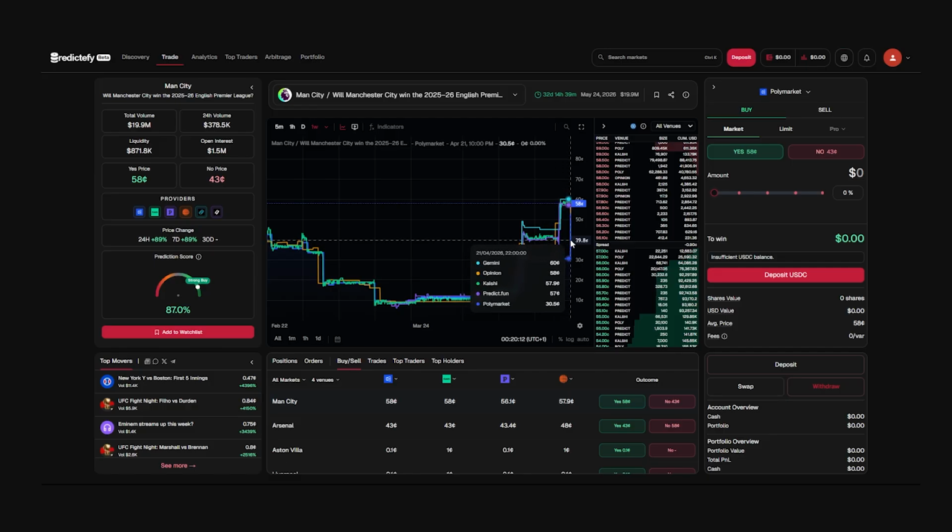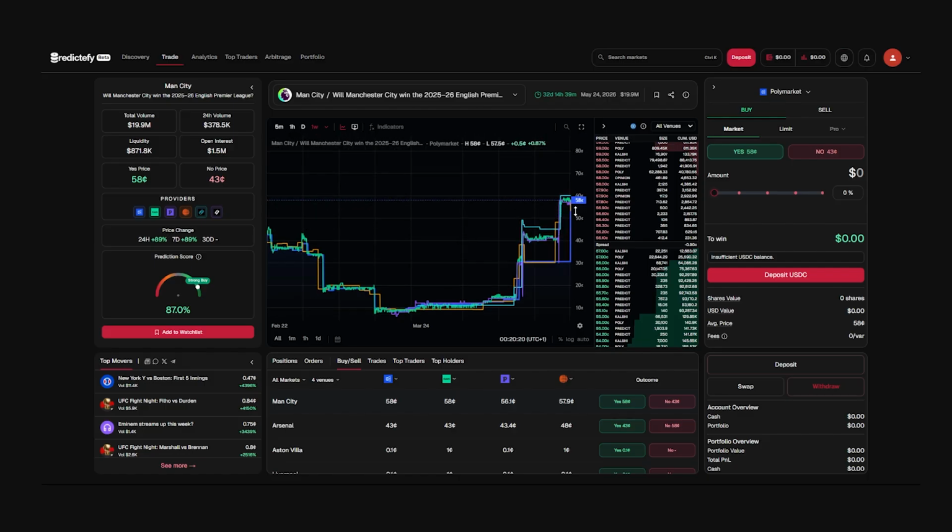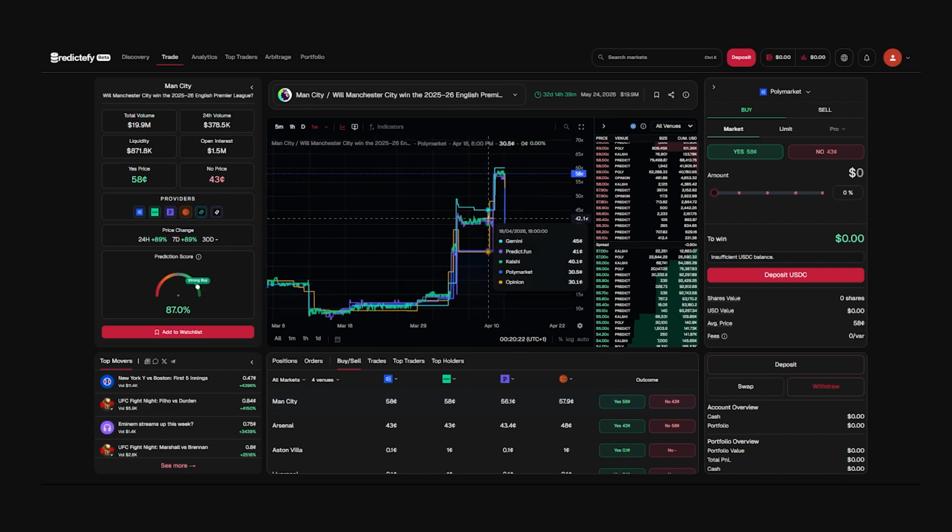They ended up catching up later, around the 21st, that's about yesterday at the time of recording. Now they're back to similar prices, but during this time, this was easy profit to be made. You could have pocketed this difference from 30 cents to now nearly 60 cents, right?